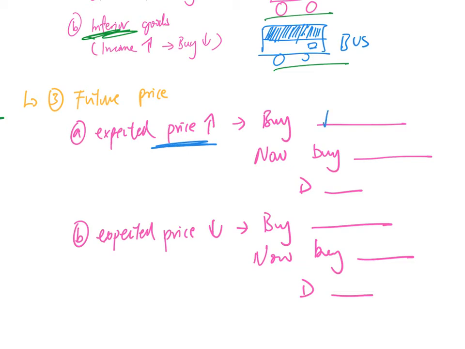So I will buy earlier, I will buy more, so my demand for it will increase. How about when the expected price decreases? Then I will buy later, because later I can buy it cheaper. So now I buy less, so the current demand decreases.